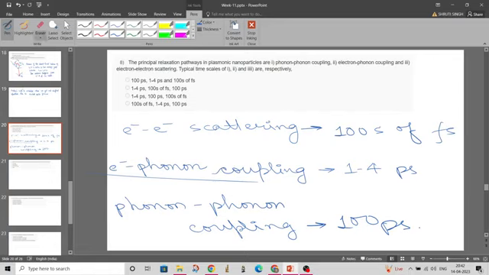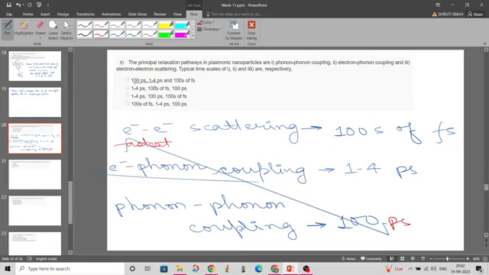So the fastest one is electron-electron scattering. It happens in hundreds of femtoseconds. Then phonon-phonon is in 100 picoseconds.